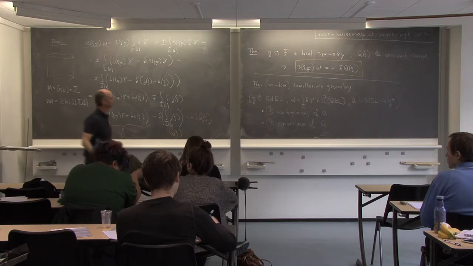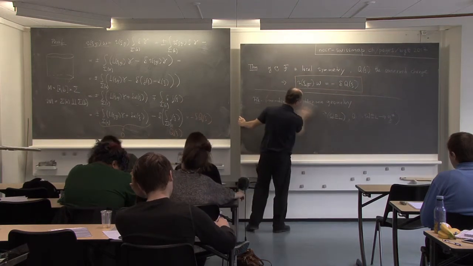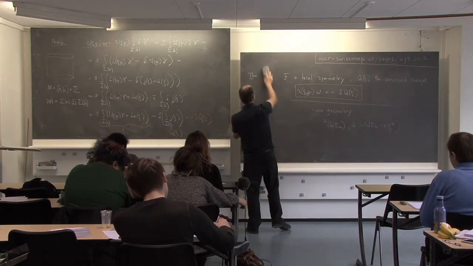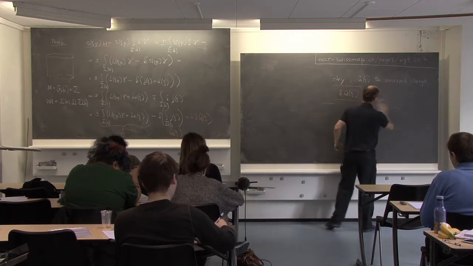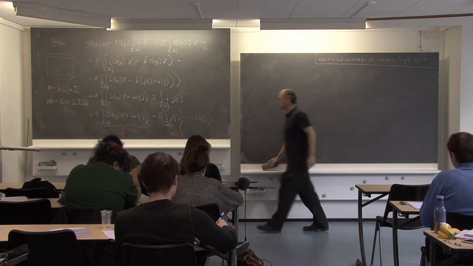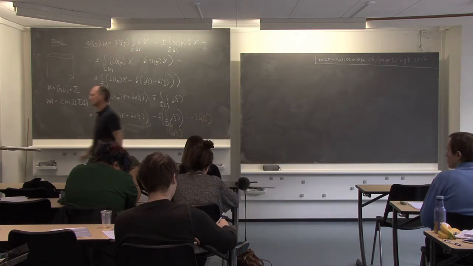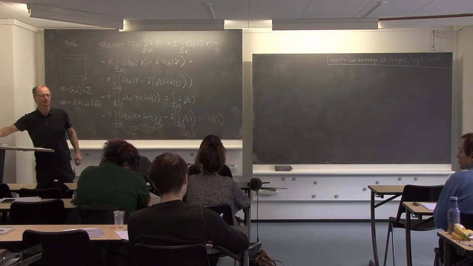So the other thing is, Pavel Safronov, he wanted me to present one topic today which will be useful in the next problem set, but I failed to do it.